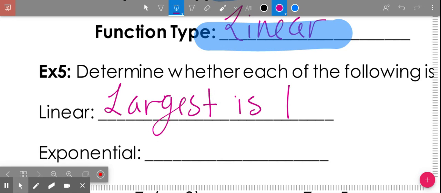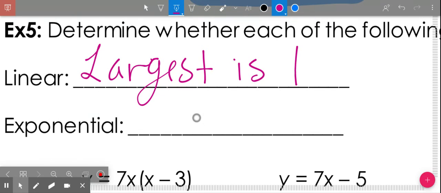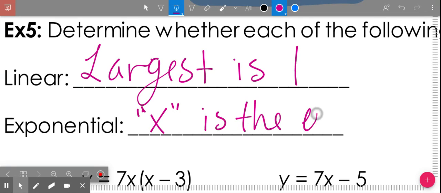You shouldn't see any exponents except for a 1. But remember, most of the time we don't write in ones for exponents, so really you shouldn't see any exponents at all. If it's exponential, then your x is the exponent. If your x is an exponent, it's exponential.